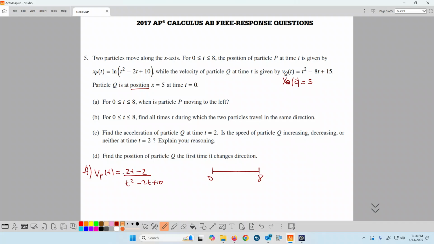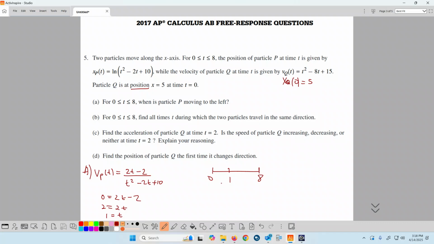Okay, so I'm just going to go ahead and put here from 0 to 8, and I maybe want to find any critical points. So critical points is whenever your derivative is 0, right? So in this case, that happens when the numerator is 0. So I'm just going to go ahead and say 0 equals 2t minus 2, right? And then if we move the 2 to the other side, this is 2 equals 2t, so t equals 1. Okay, so that's great.